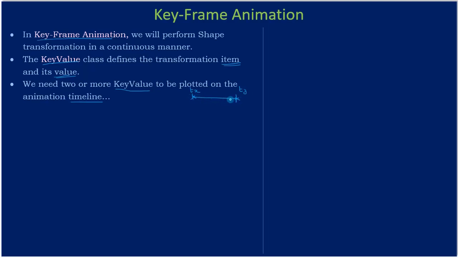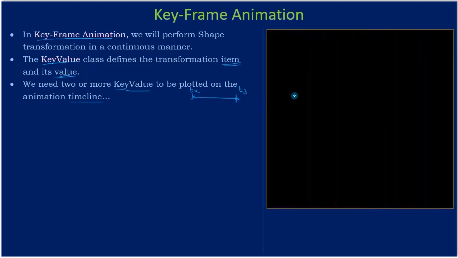So this will tell us the animation timeline, and this is one key value and this one is the next key value. So we know that animation will play for a specific time period. Let's state that animation starts here and it keeps on playing and it ends here. So we call this as animation timeline. And we need two or more key value to be plotted on the animation timeline.